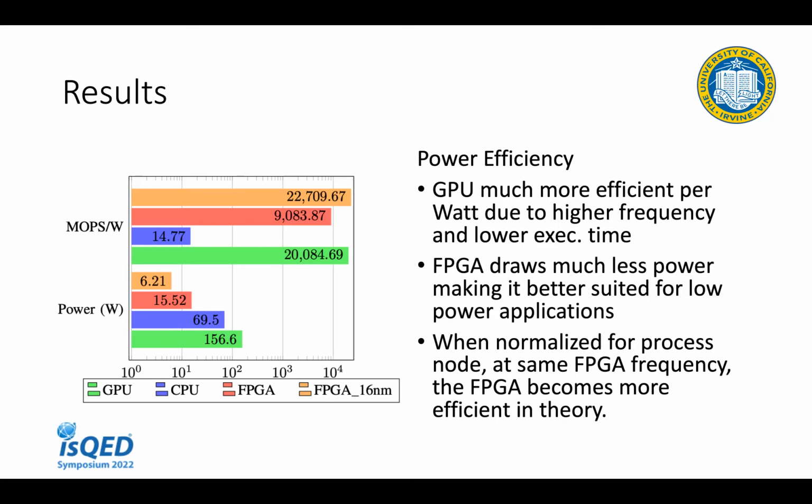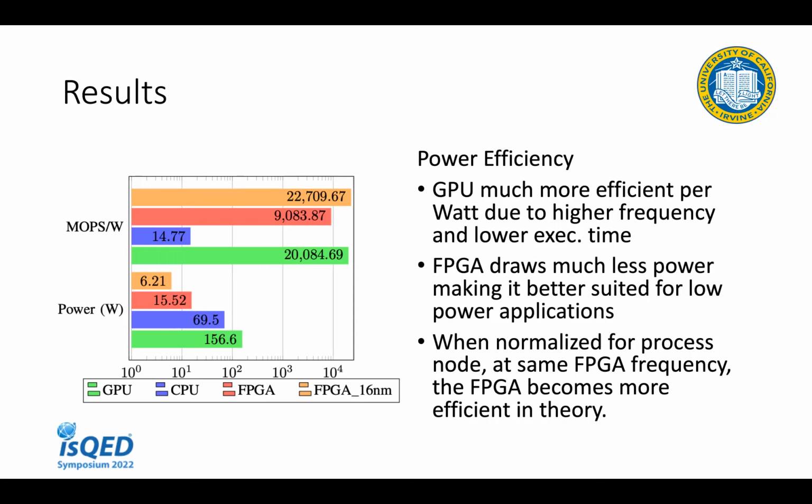If we scale that performance based on process node advancements, we can see that the performance of the FPGA can, at least in theory, match or surpass the GPU's performance, and the power usage is even lower than before.